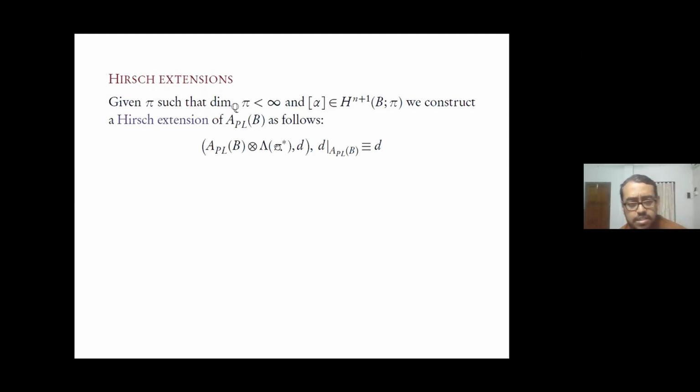So pi star is the dual as a vector space of pi. But you place the entire pi star in degree n. Think of this as wedge V, where V is one entire big vector space placed in degree n. And you have to define a D here, and the D here is defined to be whatever it was on APLB.